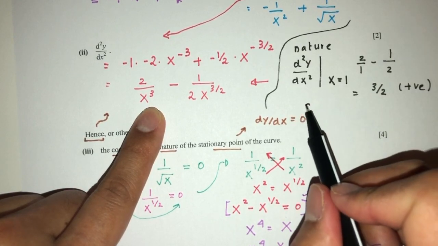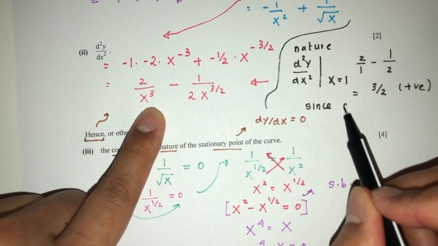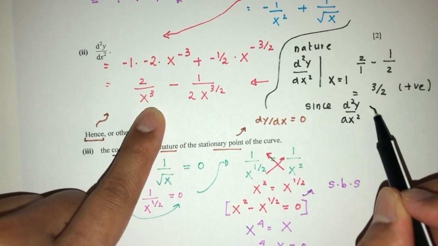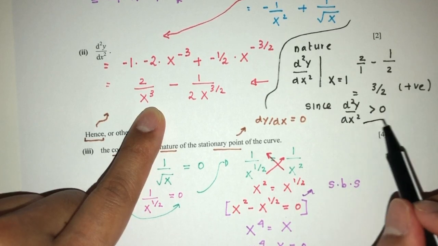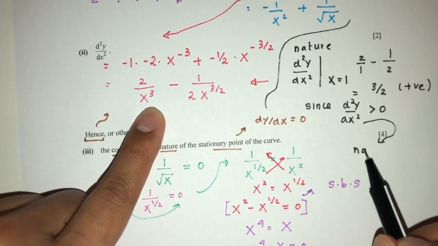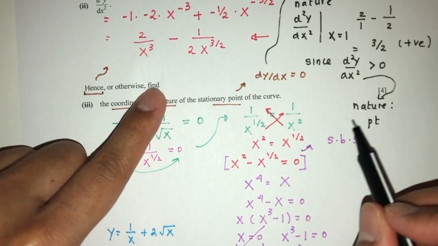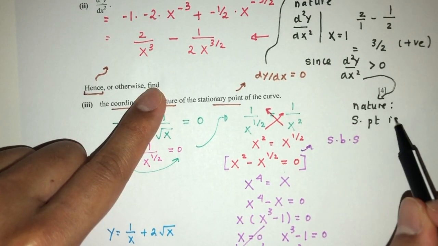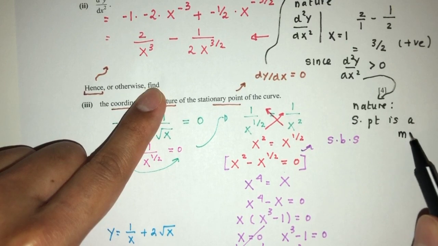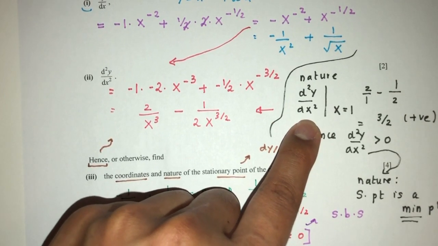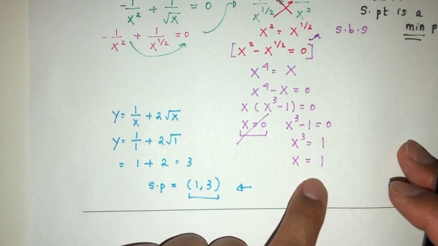Now you can write, since d2y by dx2 is a positive value, we conclude that the stationary point is a minimum point. So that's the nature of the point, by using d2y by dx2 at that point.